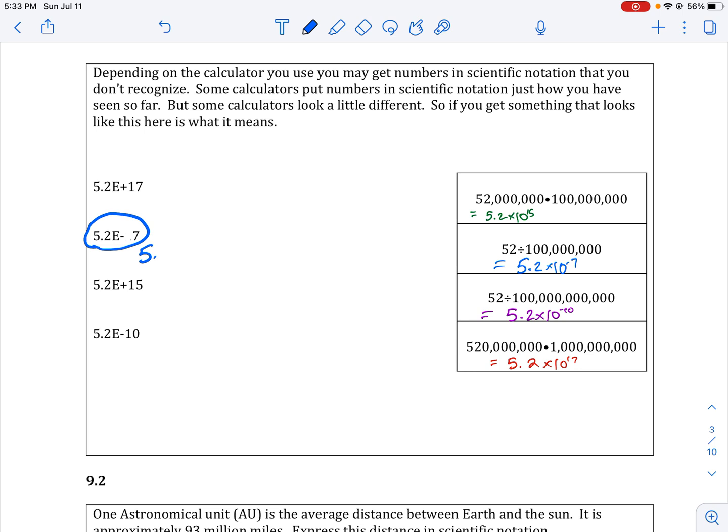So if we're looking to put this in scientific notation, that's what this should look like. And if we do what it says to do in our box on the right, if you were to do this in one of those calculators, that is what you'll get. So if you use a smaller calculator and you get 5.2 and it says e to the -7, after dividing this, that's what matches up.